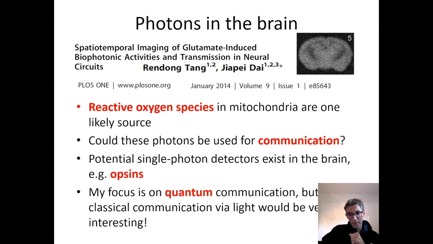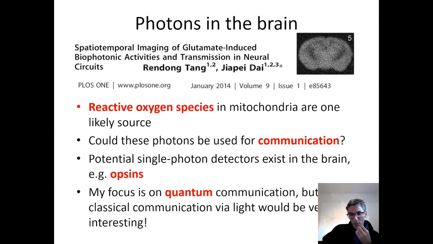Now, it's interesting that there are, in fact, photons in the brain. People have seen photon emission from many kinds of cells, and in particular from neurons, for example, in this paper that I'm quoting here. It is thought that these photons probably come from reactive oxygen species, maybe in the mitochondria. An interesting question then is whether these photons could be used for something in the brain.